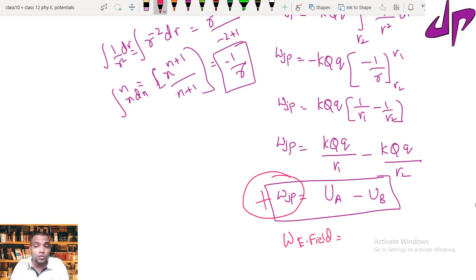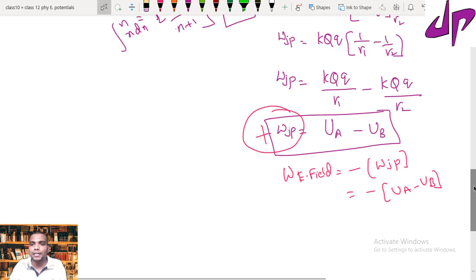The electric field also does work, which is exactly opposite to mine, so it is the negative of the work done by me. That equals negative of UA minus UB, so you can write the work done by the electric field in terms of UB minus UA.